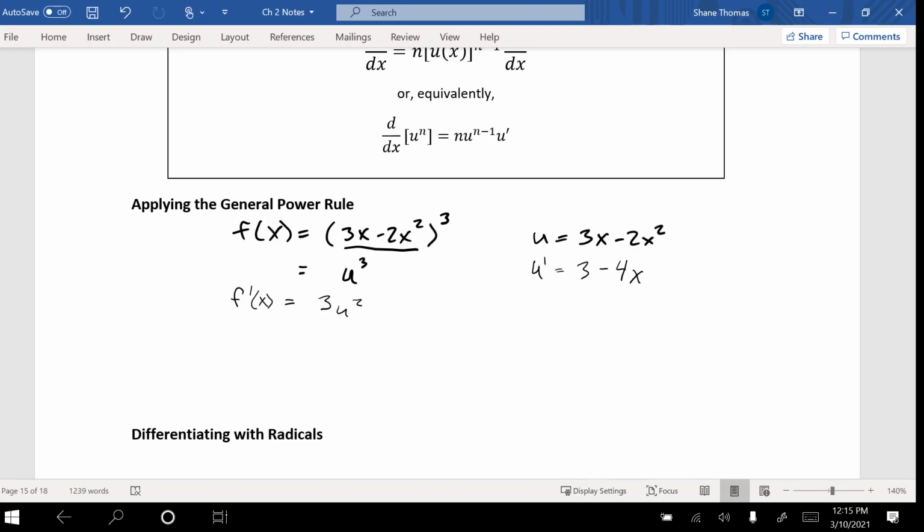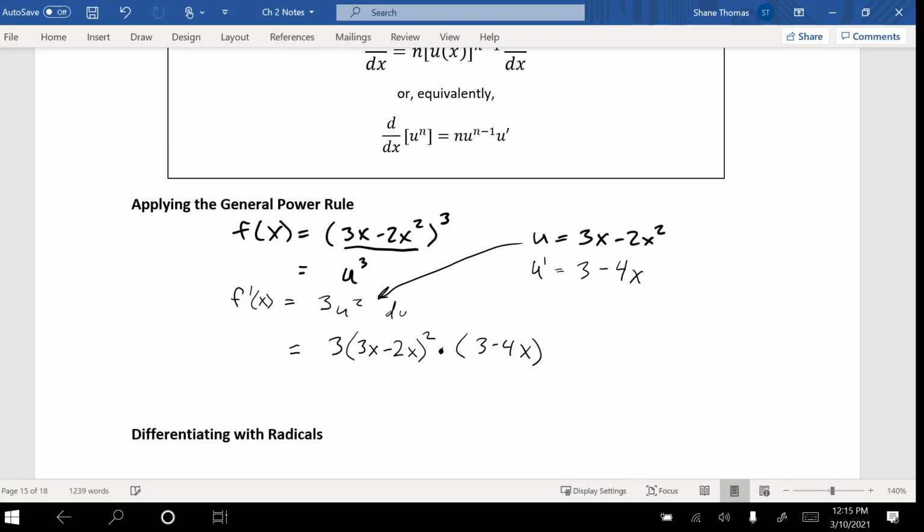Now what we have to do then is bring back in our u and our u prime. So u goes back in for u. So 3, u is 3x minus 2x squared. Okay, so that went back in there. And I multiply that by 3 minus 4x, which is my u prime.